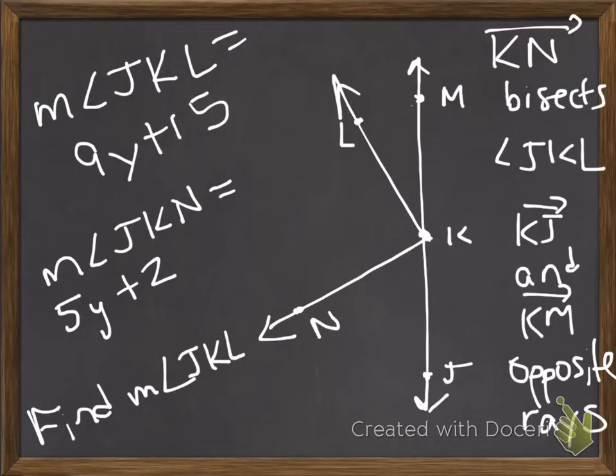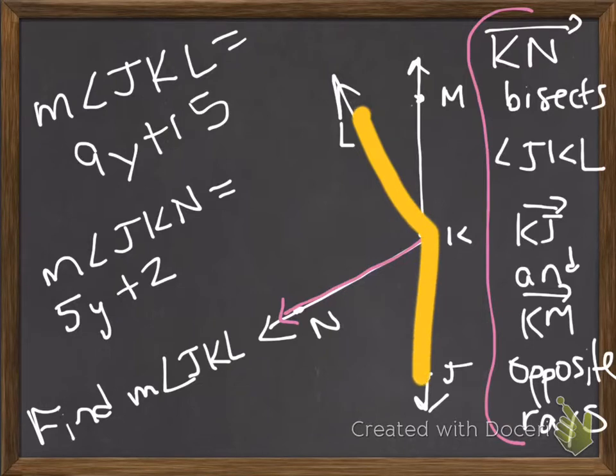And in this case, if you look over here, this is what it tells us about the picture. It says KN bisects angle JKL, which is here. If it bisects the angle, that means the two parts that are equal are here.